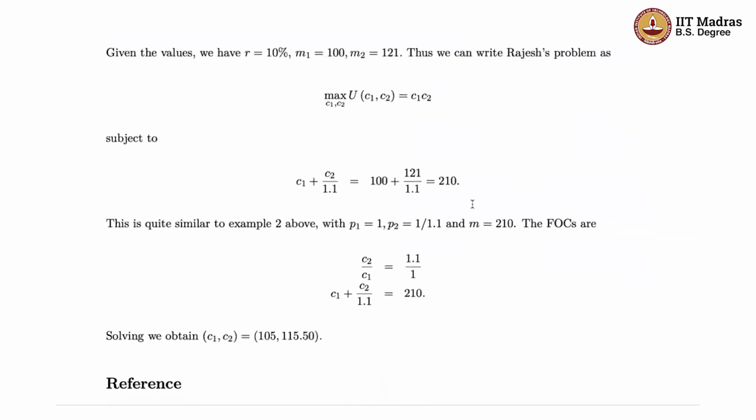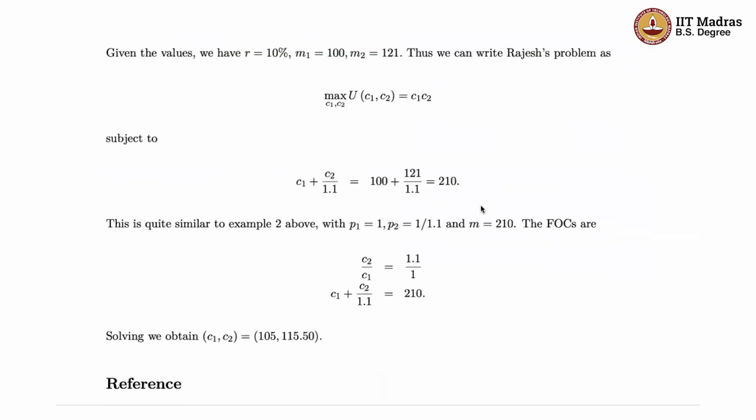So if you plug those all in, we get that the intertemporal budget constraint is going to look like this expression, right? So C1 plus C2 by 1.1 is equal to 100 plus 121 by 1.1. If you do the simplification, the right-hand side becomes 210. And Rajesh is basically choosing C1 and C2 to maximize this utility function subject to this budget constraint, right?